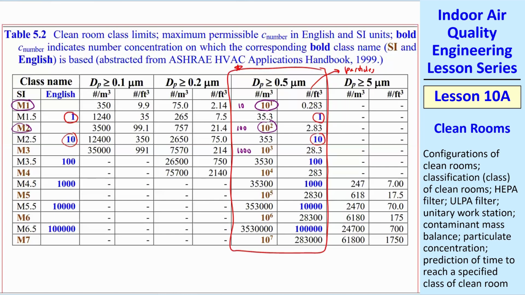And then if you have a class 1 clean room and you want to do things in metric, they introduced these other intermediate values, M1.5, M2.5, and those are kind of just a way of saying, I have a class 1 clean room, but in metric units, this turns out to be 35.3 particles per meter cubed instead of 1 particle per foot cubed.